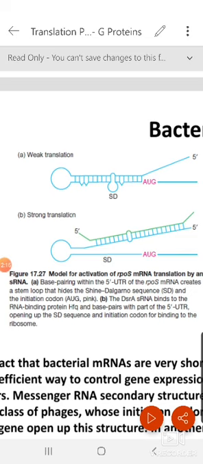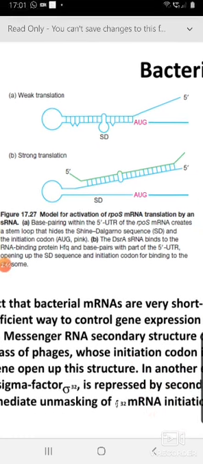During stress, some other small RNA called DsrA, a non-coding RNA, comes in. We have already discussed miRNA, siRNA, so there are many non-coding RNAs. A part of DsrA has a sequence similarity. Because of this binding, the secondary structure gets altered and this AUG becomes accessible.